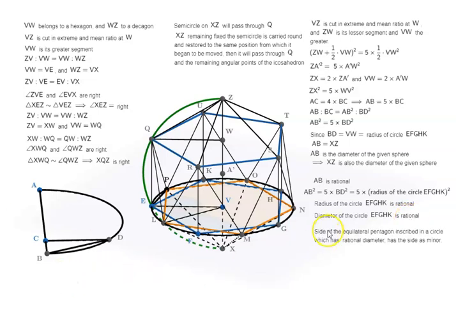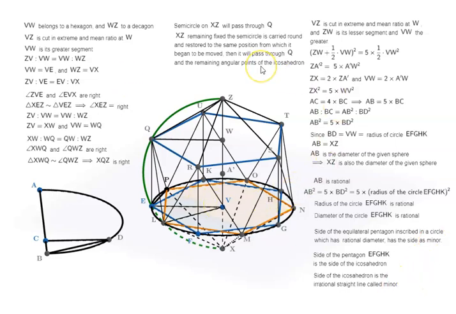So remember, the side of the equilateral pentagon inscribed in a circle which has a rational diameter is the minor, and the side of the pentagon EFGHK is the side of the icosahedron. That means the side of the icosahedron is the irrational straight line called minor.